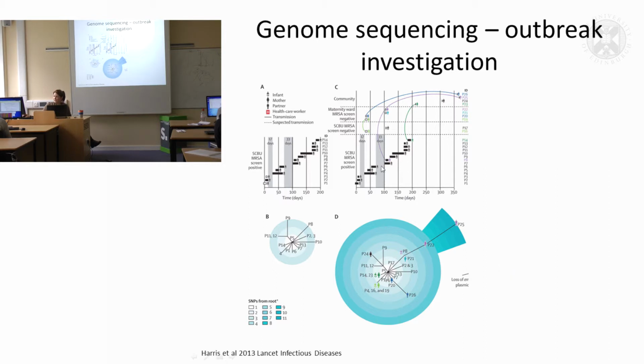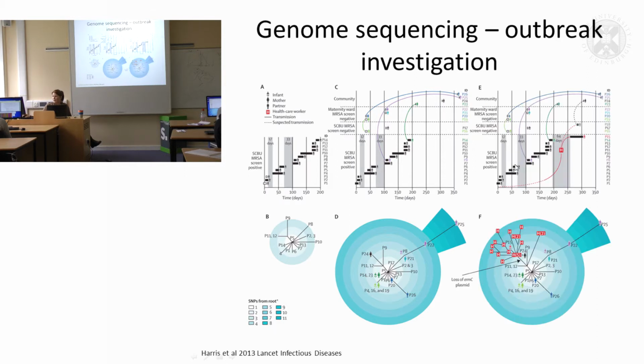But they were quite interested in why MRSA was coming back into the hospital, so they were thinking, maybe the transmission is going the other way as well. Whilst they were doing this, they were also taking samples from hospital staff, which is this big H here. And all of this is from one individual, one member of staff, and you can see all of her strains are really closely related. And right in the middle there's one of the baby strains.